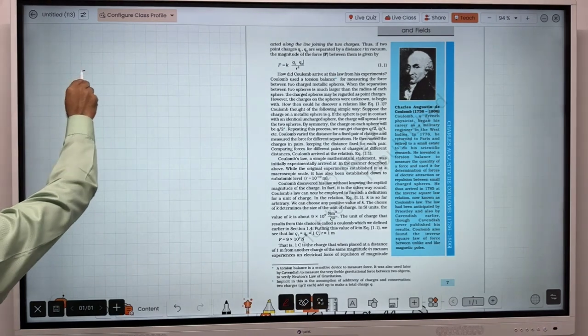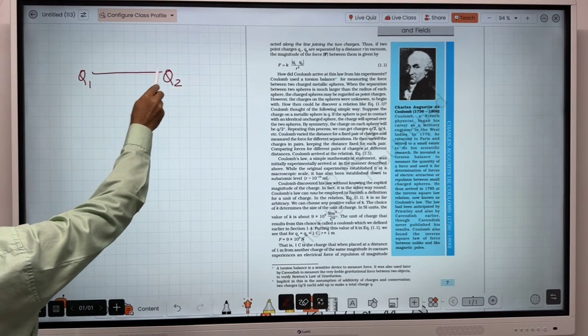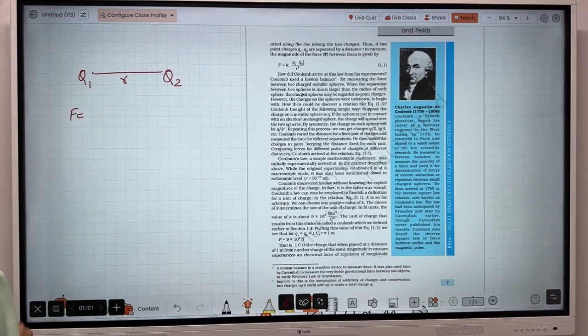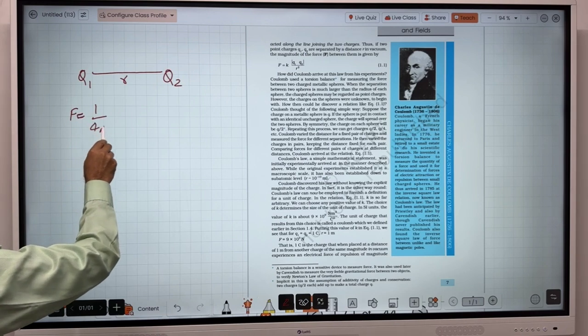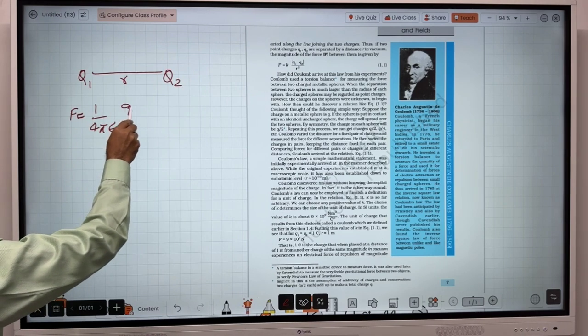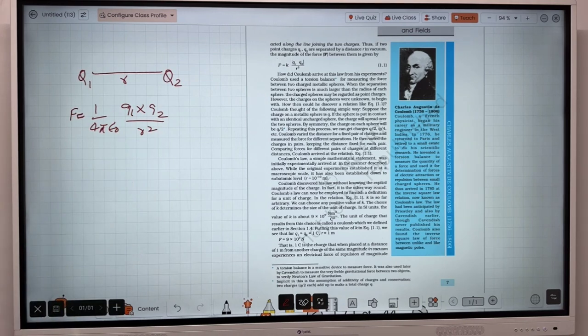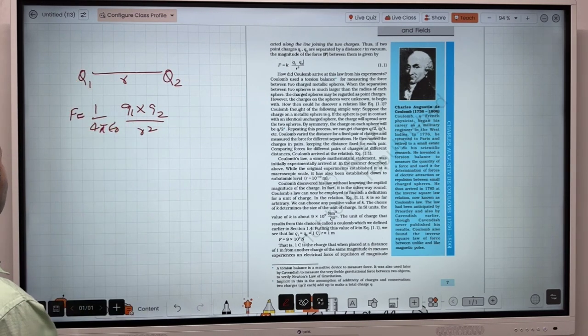If one charge is here, Q1, another charge is here, Q2, and suppose the separation is R, in that case the force between the two charges will be F equal to 1 upon 4 pi epsilon naught, Q1 into Q2 divided by R square.